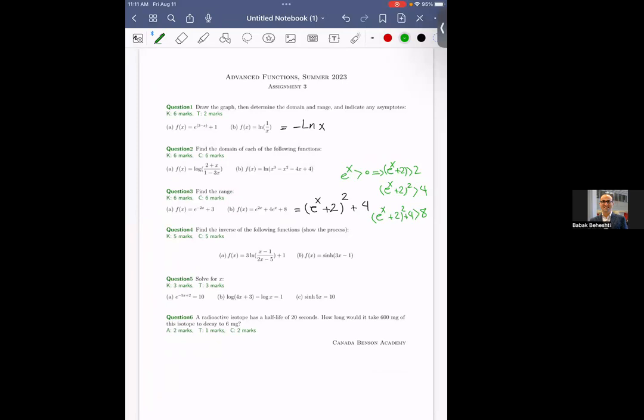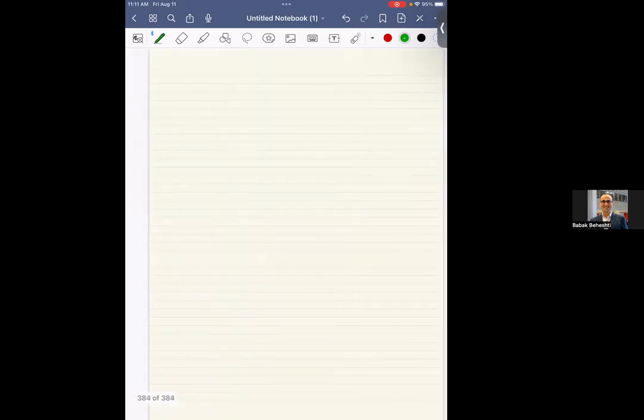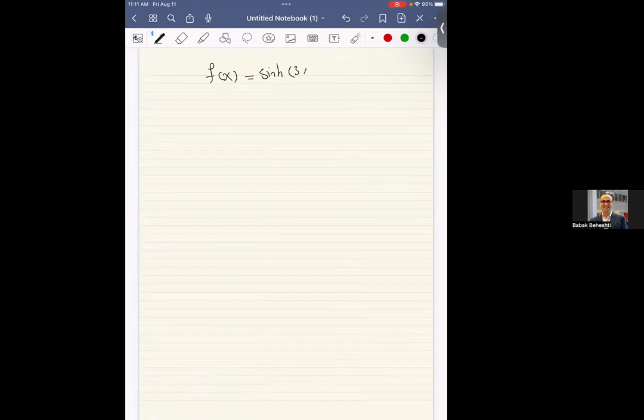Okay, 4b, you want to find the inverse of sinh(3x - 1). So f(x) is sinh(3x - 1). So what is the equation for the inverse?